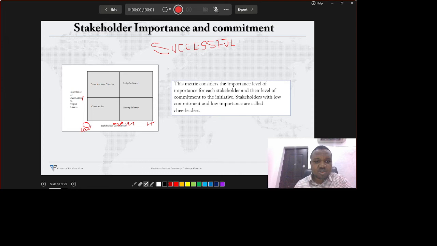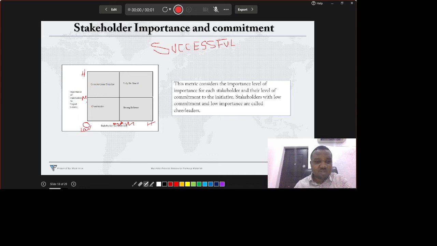So here too, we have the medium, and definitely we have the high. So commitment level is low, commitment level is in between low and medium, commitment level is in between medium and high. The level of importance of those stakeholders to your project success is low, somewhere between low and medium, and somewhere between medium and high.